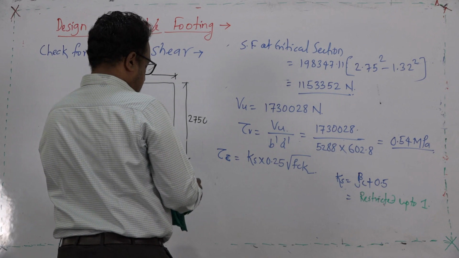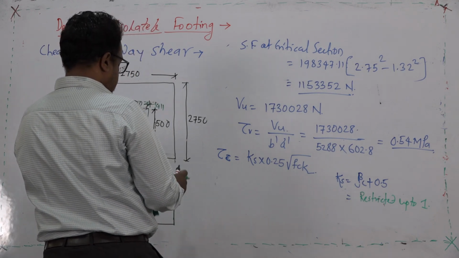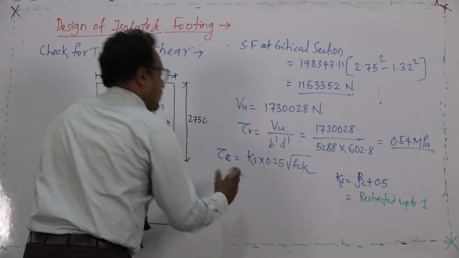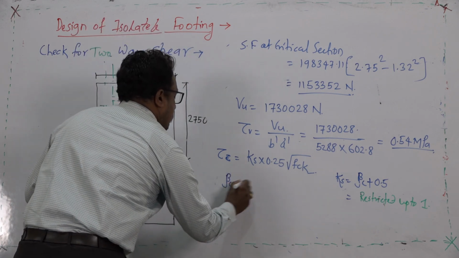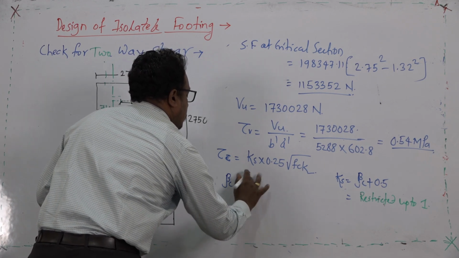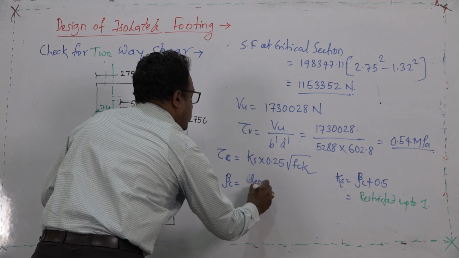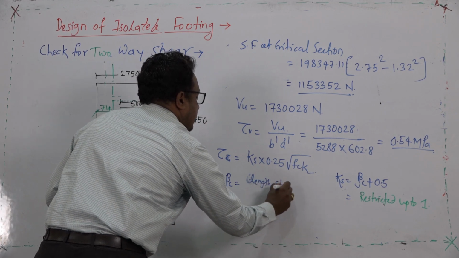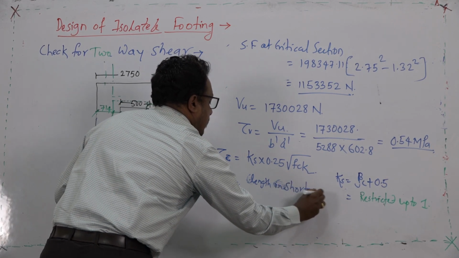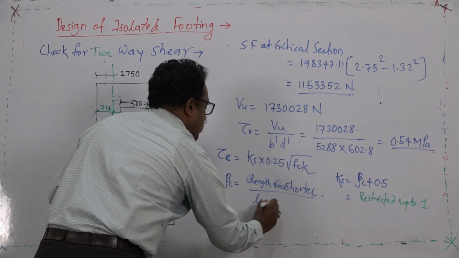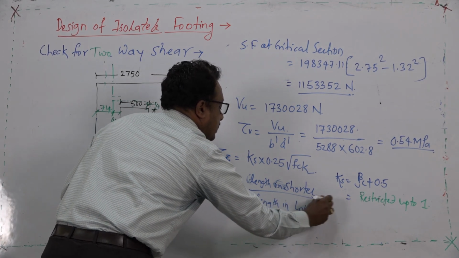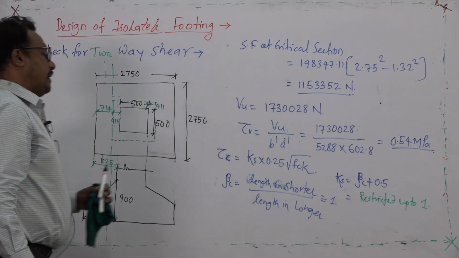So, what is the beta C here? The beta C is the aspect ratio, means it is the length of footing in the shorter direction divided by the length in the longer direction, and in our case, being square, the value will be 1.